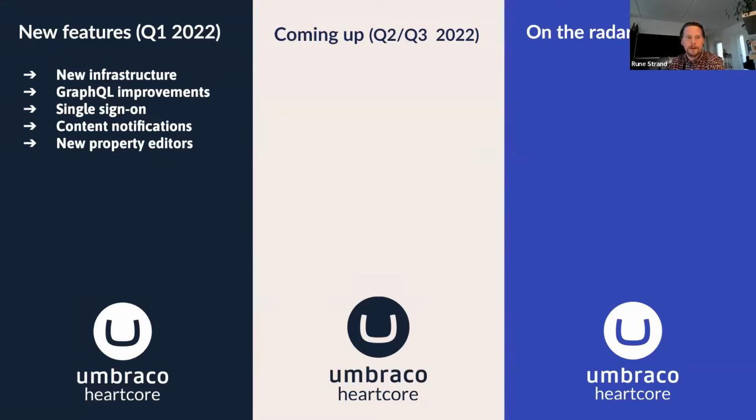Nice. And then we've added a couple of new property editors since it's not possible to install packages in Umbraco Heartcore. We've heard a lot of feedback around stuff that was missing or stuff that should really be added as part of the package for Heartcore until we get the opportunity to use or create custom editors in the back office.